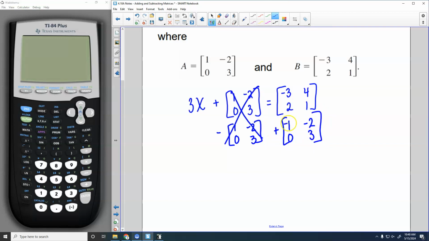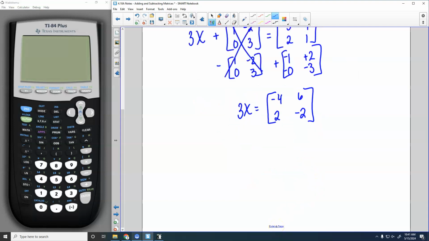I'm going to make it a plus sign and change the sign of everything on the inside to help me keep it straight there. So I'm going to get 3x equals -4, 6, 2, and -2. There. Everybody good there? Then we would divide by 3.